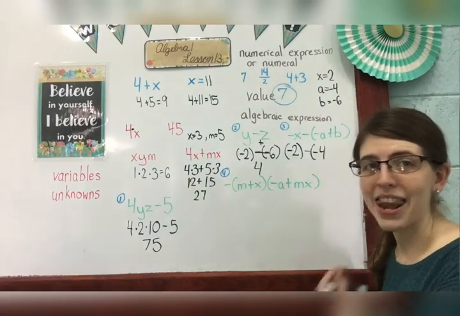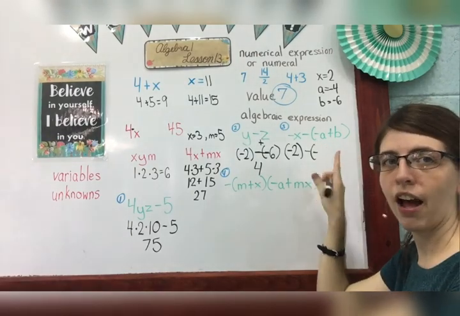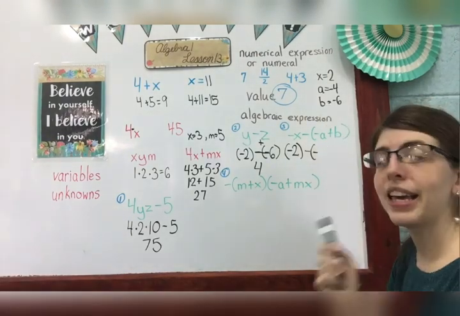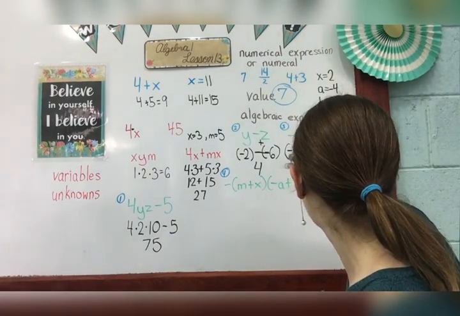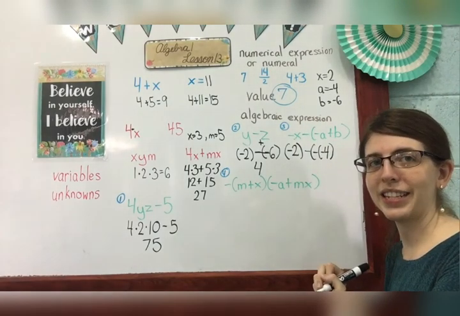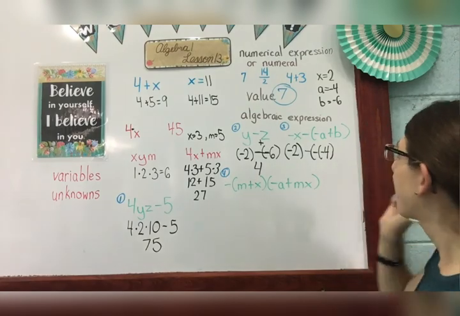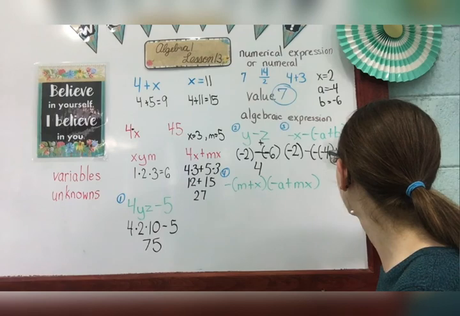No, I cannot do that because negative means the opposite of whatever a is. A is negative 4, so that means it's the negative of negative 4. Again, that's why we need our parentheses to guard that negative that we already have. Plus b, and b is a negative 6.